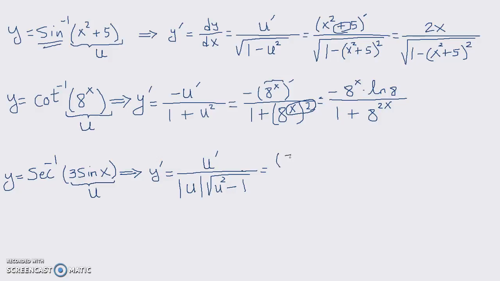So in the numerator, 3 sine x instead of u, and we have to come back to this part because we still need to find its derivative. In the denominator, absolute value of 3 sine x times square root of 3 sine x squared minus 1.